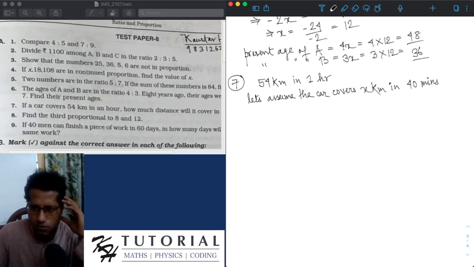Now one thing you must note is that you must understand the concept of proportion to be applied in this problem.